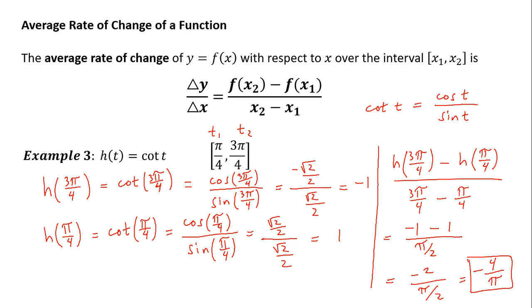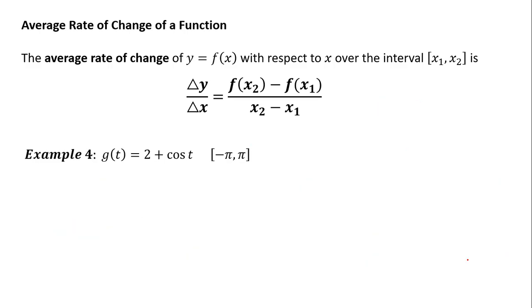Let's have our fourth example. G of t equals 2 plus cosine t. Suppose this is t sub 1. Again, here we are using the variable t because the independent variable in the example is t. So here the second number is t sub 2.